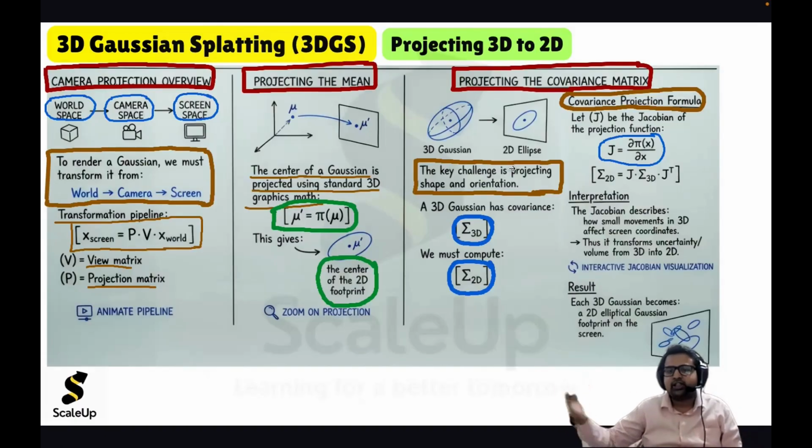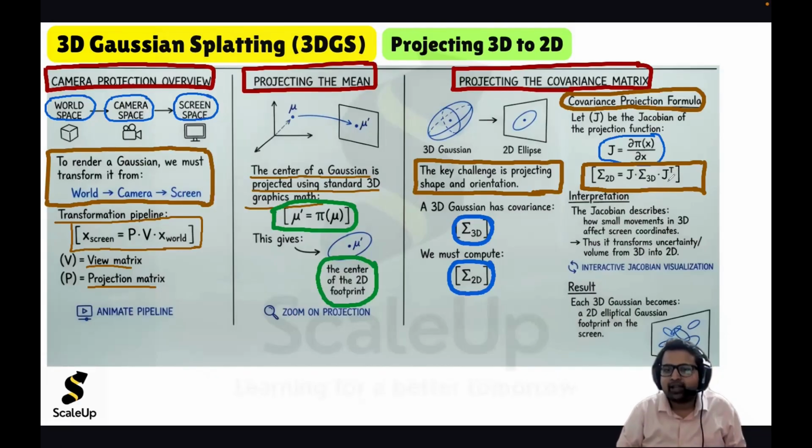When you consider the Jacobian, the formula you get is the covariance projection formula: 2D Gaussian covariance is equal to Jacobian multiplied by 3D Gaussian covariance multiplied by Jacobian transpose.